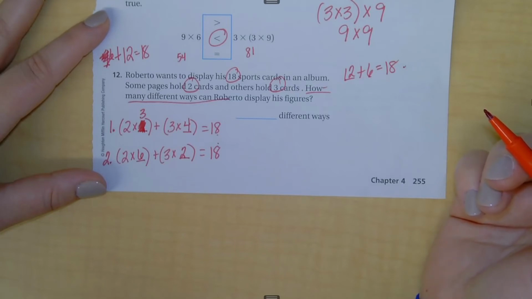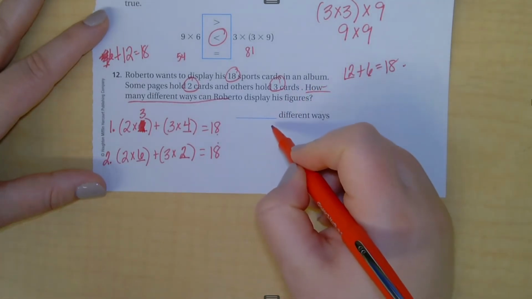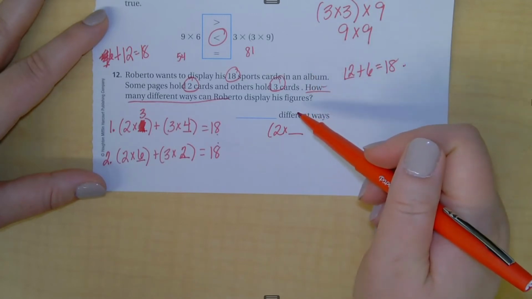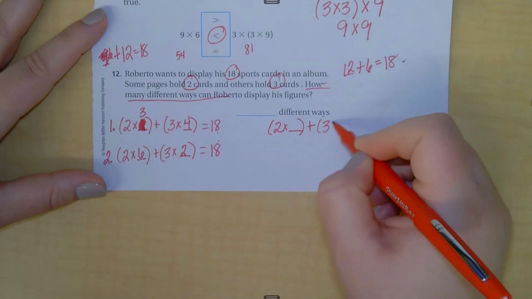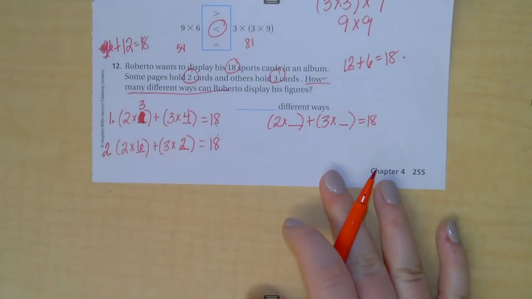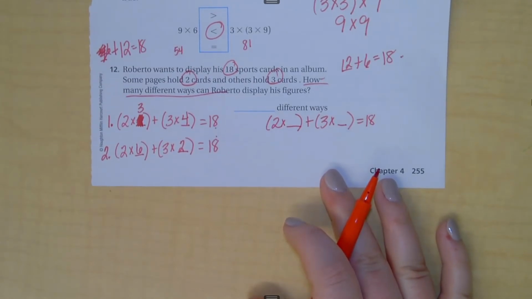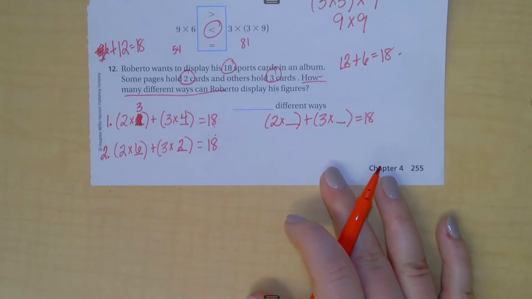Okay. What else could we do? I don't even know if there's going to be another way. 2 times blank plus 3 times blank equals 18. So if I did 3 times 1, that's 3. But 15 plus 3 equals 18. So that doesn't work. You know what we could do?